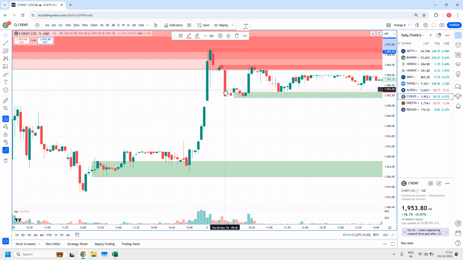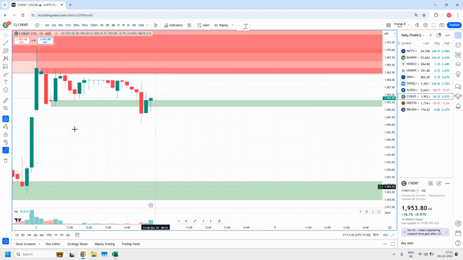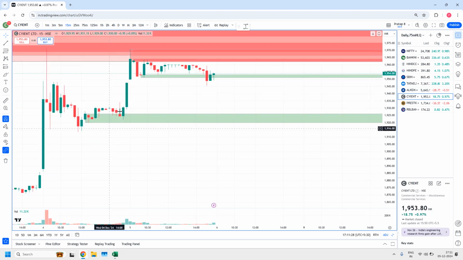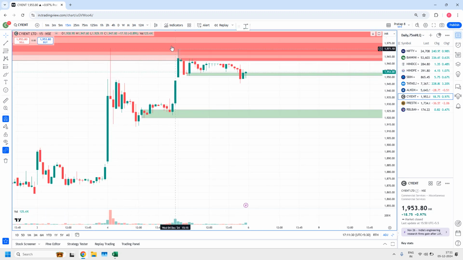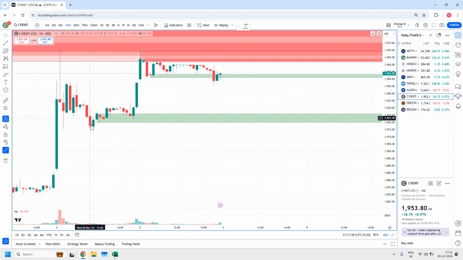Here you can't wait for this 15-minute target. The reason is, during the live market, a drop base rally 15-minute zone was created. See the drop base rally. Because of this, for whatever trade you have taken today, the initial target at the time of planning the trade was this one.